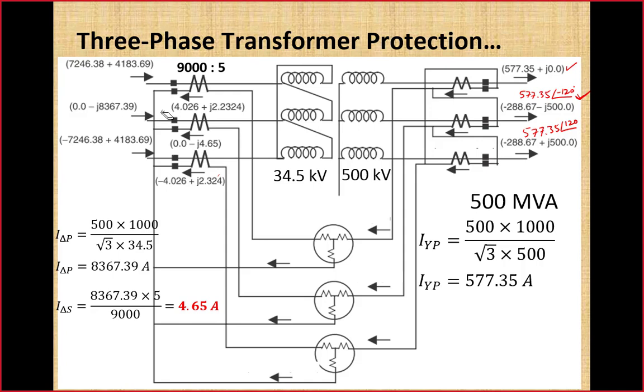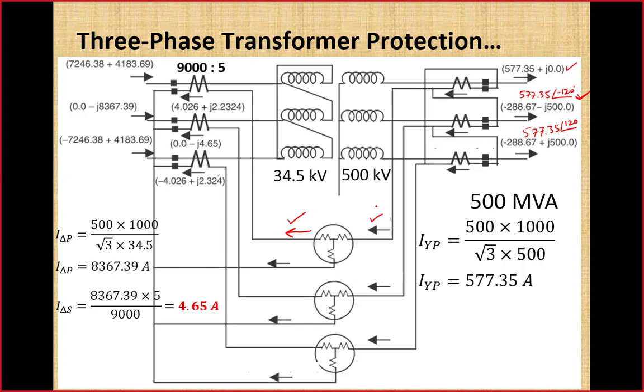Now, once we have calculated the CT secondary current, we know that in order to implement differential protection for a transformer, we need these two currents to be equal. The current which is here flowing towards the delta side of the main transformer, and the one flowing from the Y side of the main transformer, these two currents must be equal.